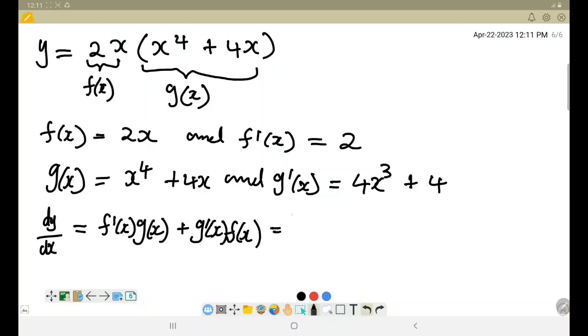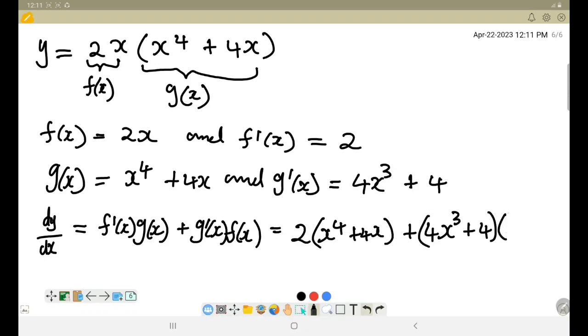So what we can do is substitute: f prime is 2, and g is x to the power 4 plus 4x, plus g prime is 4x cubed plus 4, and then f is equal to 2x.